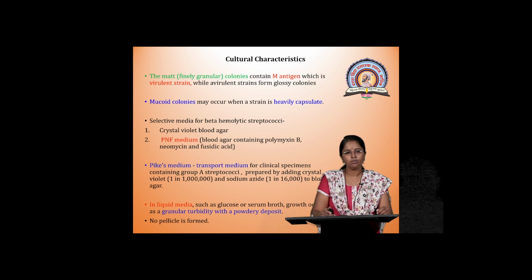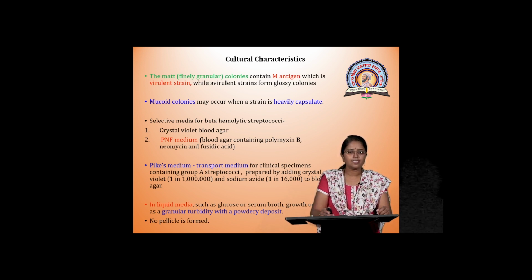The selective media used for the growth of hemolytic streptococci are crystal violet blood agar, and the PNF medium, in which blood agar is added with polymyxin B, neomycin and fusidic acid. The transport medium for streptococci is Pike's medium.